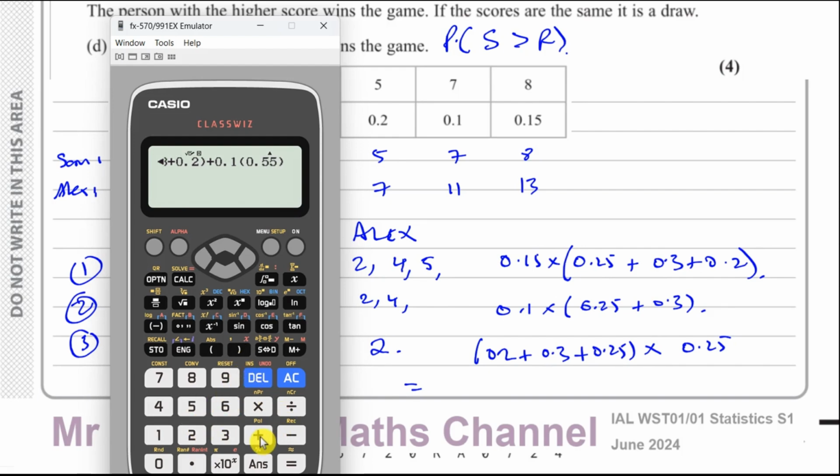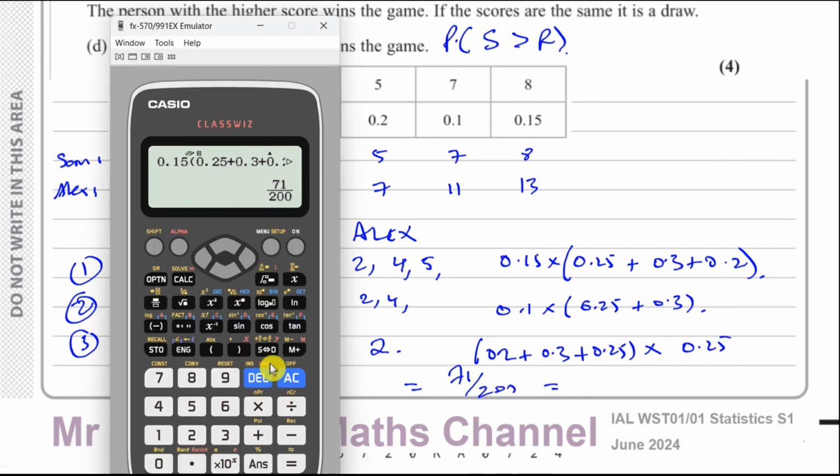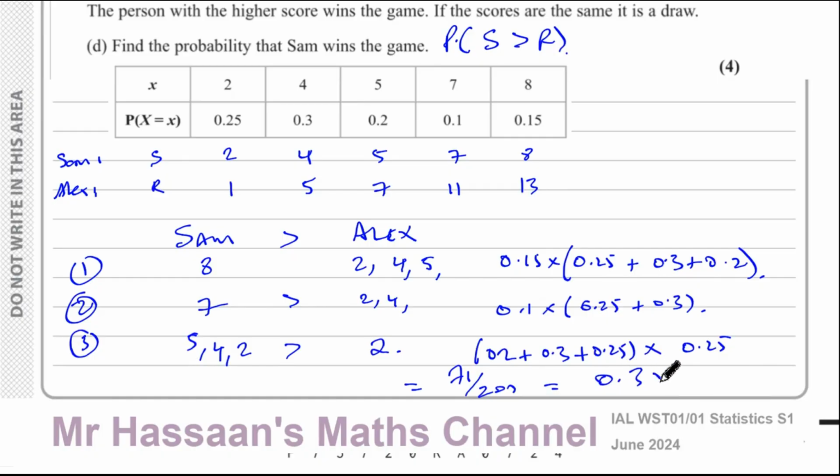Okay, and then we're going to have plus 0.25 times 0.2 plus 0.3 plus 0.25, that's 0.75. Okay, and that should give us an answer. 71 over 200 is an answer which rounds to what? 0.355. And there we have it.